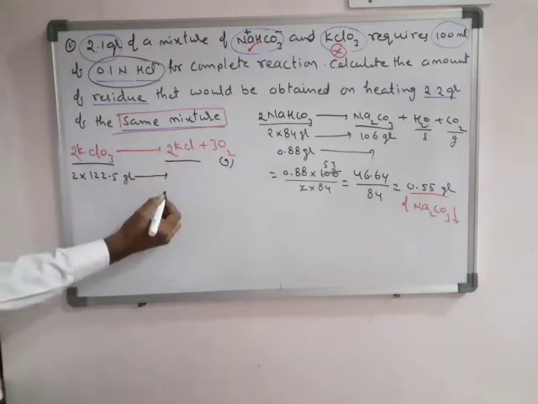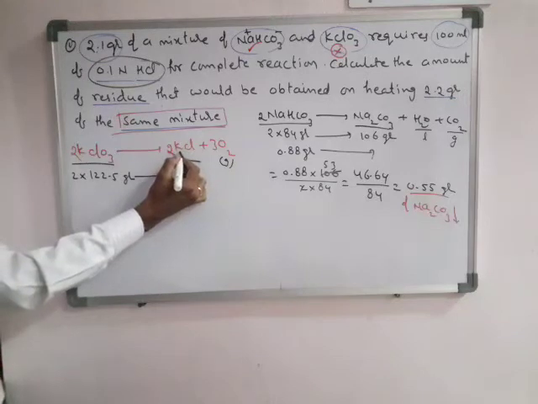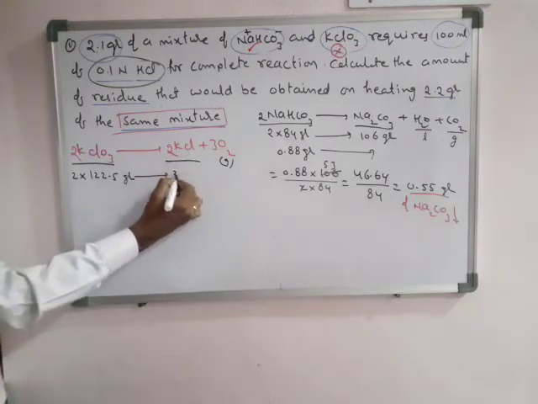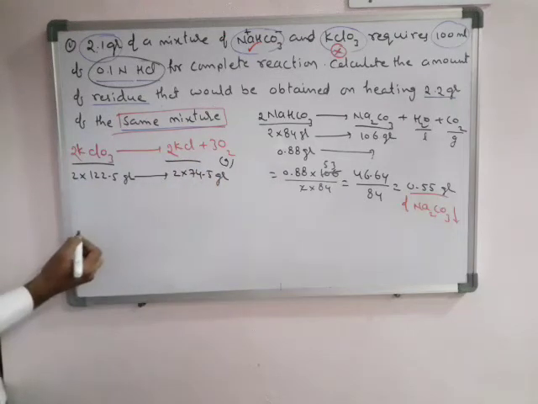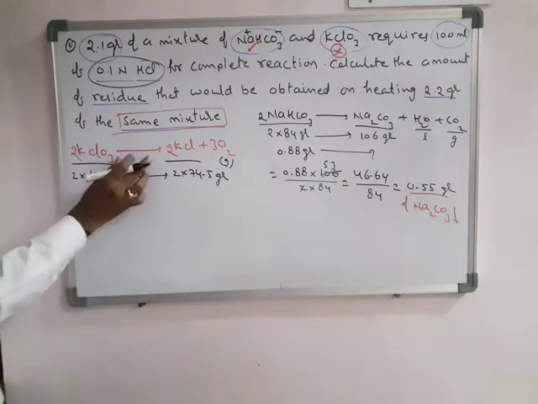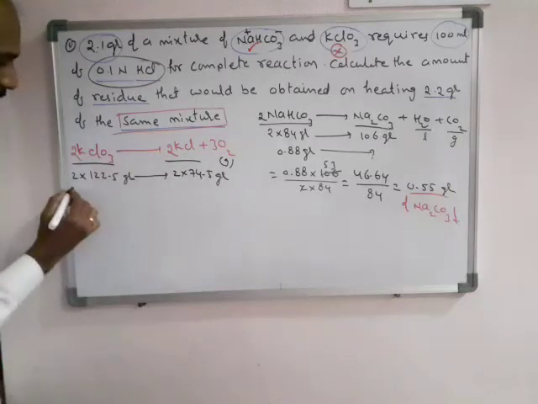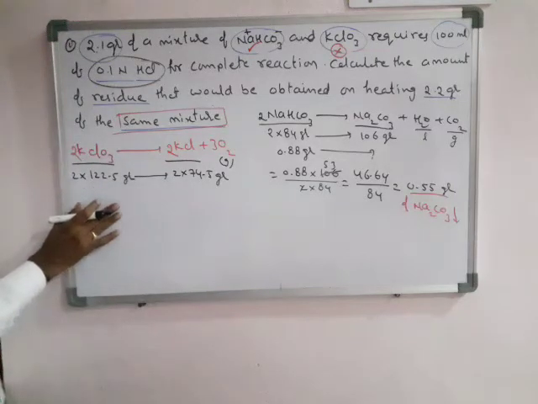So this is potassium 39, chlorine 35.5, which is 74.5. 2 into 74.5 grams of KCl is produced from this. This is according to the basic balanced equation. So what was the amount of KClO3?